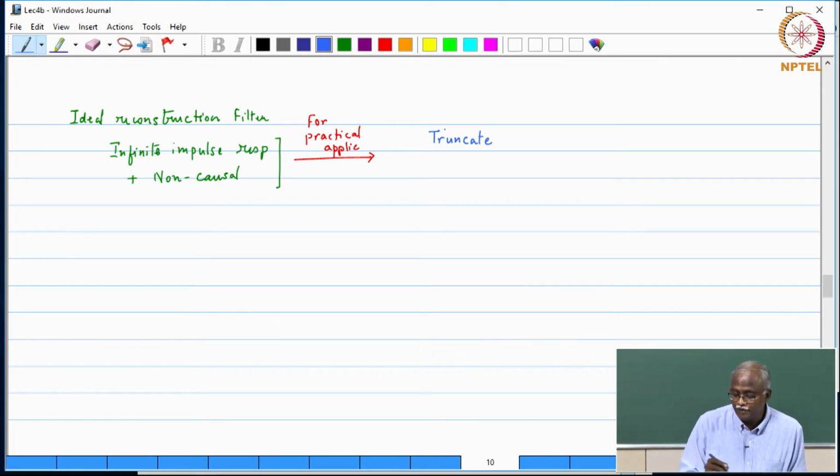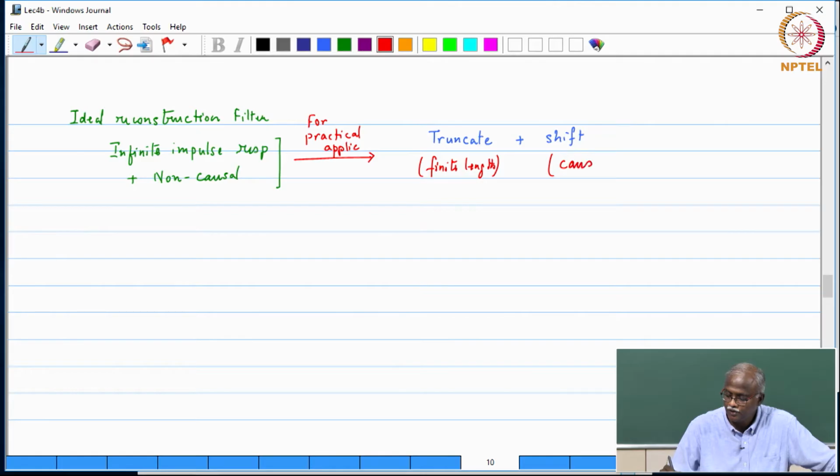Then it will still be non-causal because you truncated symmetrically, assuming that you do not want to destroy the symmetry properties. So, then you have to shift. The truncation is to make it finite length, and the shifting is to make it causal. Okay, so those are the two things.